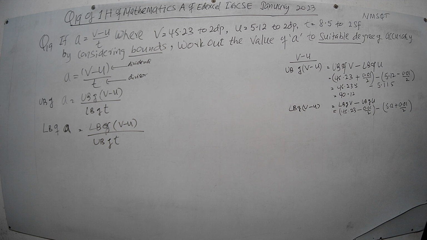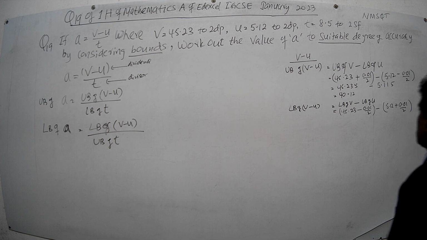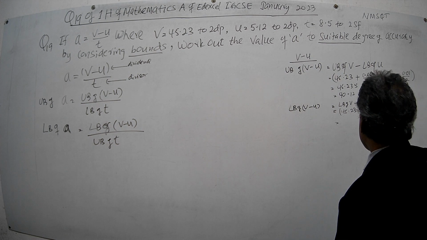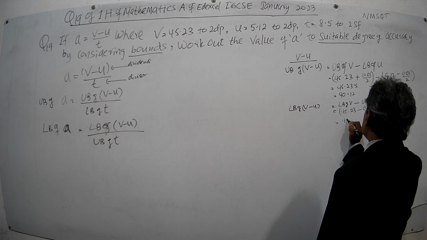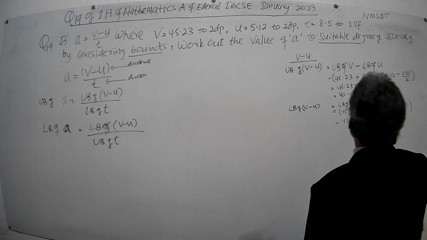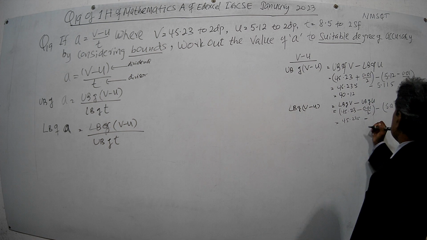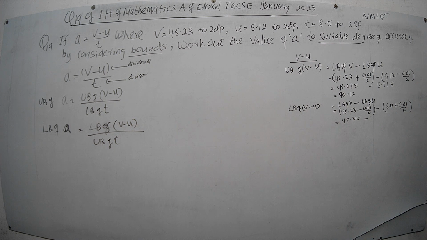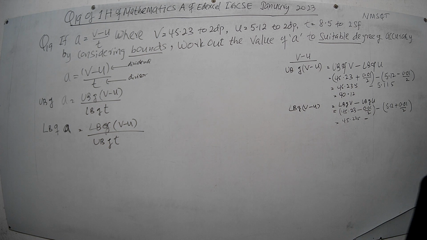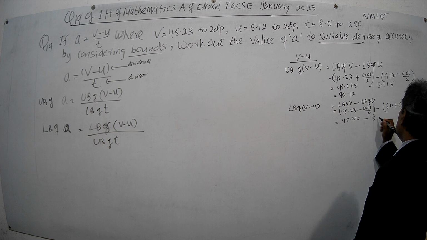Right. Okay. Then you calculate this. 45.23 minus 0.005 gives 45.225. Then minus 5.12 plus 0.005, that means 5.125.